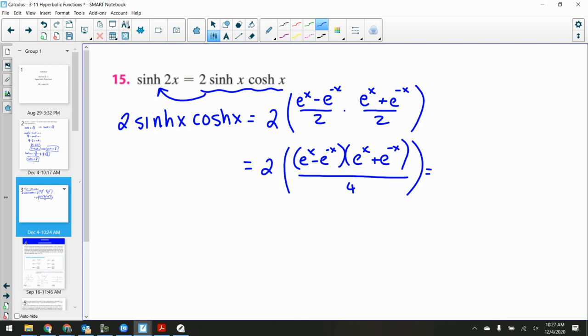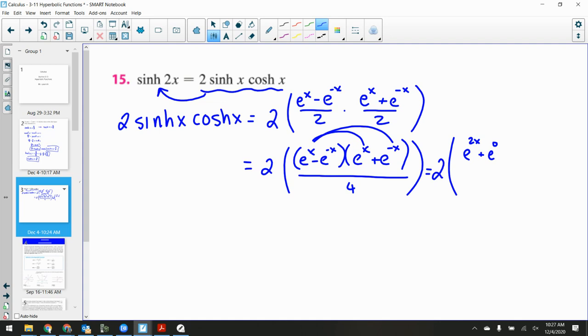So that gives me 2 quantity. And honestly, I could take out the 2 right now if I wanted to, 2 over 4, but whatever. First is e to the 2x, right? e to the x times e to the x is e to the 2x. We add the exponents. Outer is x plus negative x is e to the 0.